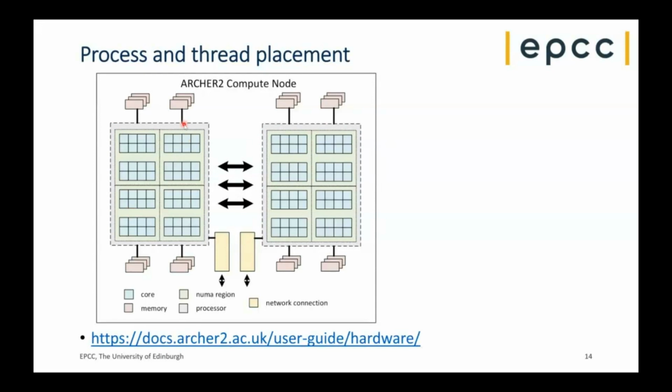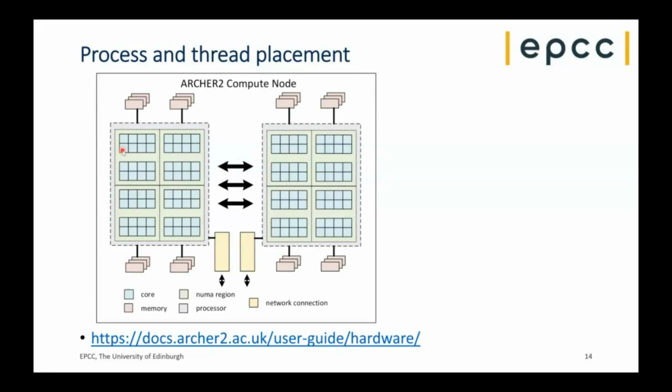So they don't run 128 things on the node. They only run 16 things on the node. And that may be because each thing needs a bit more memory than the 2 gigabytes you would get if you were running 128 things. And so you underpopulate because you want to access more memory per running process, per program, than you would get if you filled the whole node up.